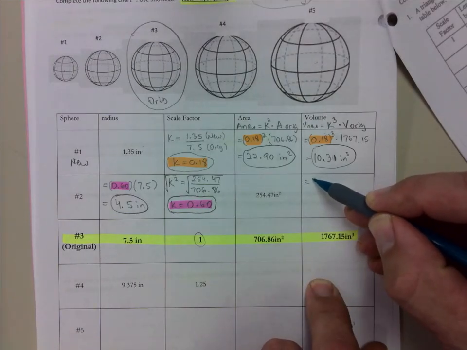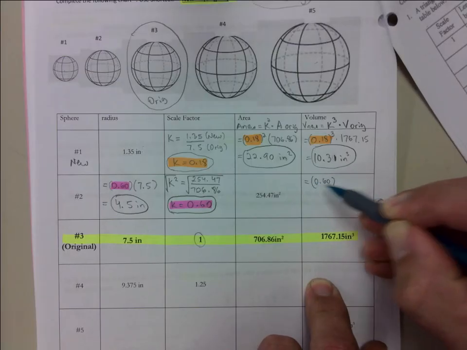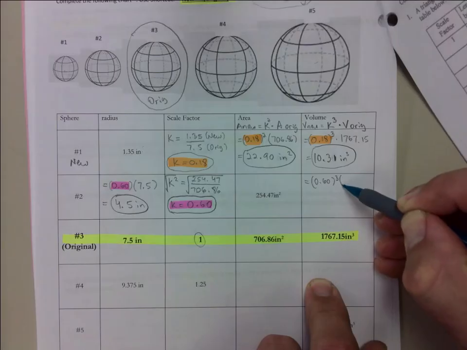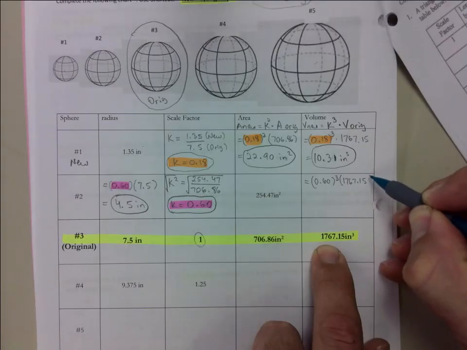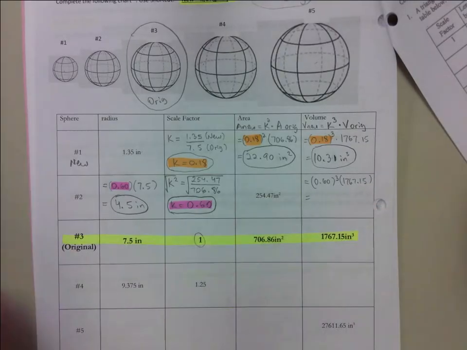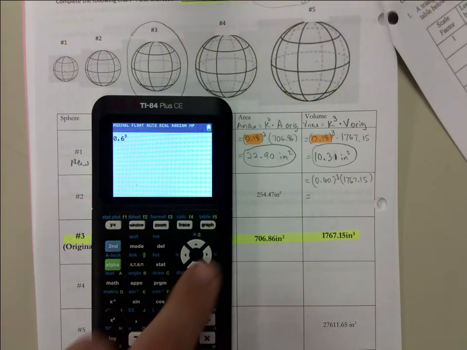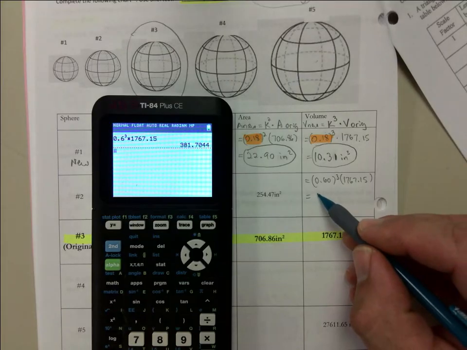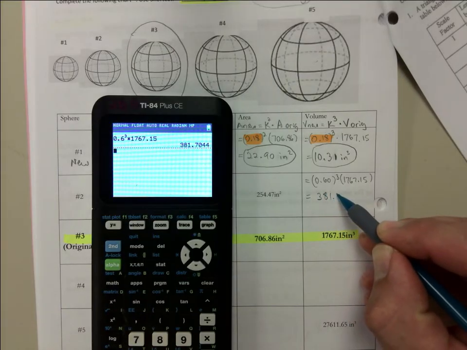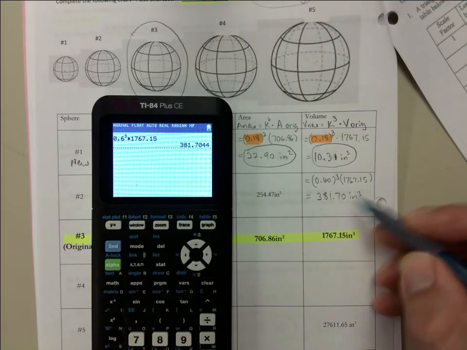I need to go 0.60 to the power of 3 times the volume of the original. And there we have it, 381.70 cubic inches.